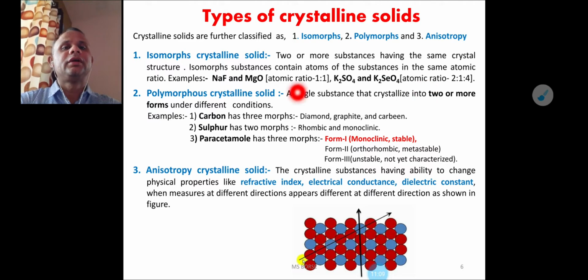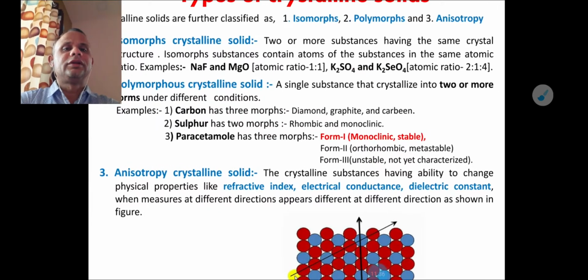For example, sodium fluoride and magnesium oxide have a 1:1 ratio: sodium to fluoride 1:1, magnesium to oxide 1:1. Similarly, in potassium sulfate, the ratio of potassium to sulfur is 2:1 and sulfur to oxygen 1:4. Similarly for potassium selenate. This is for isomorphic compounds.